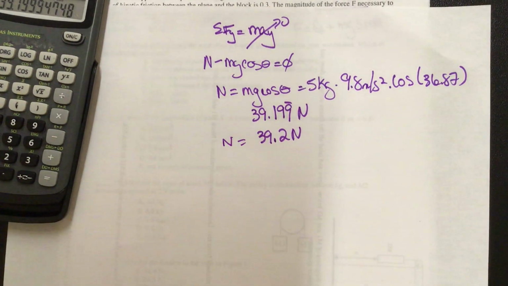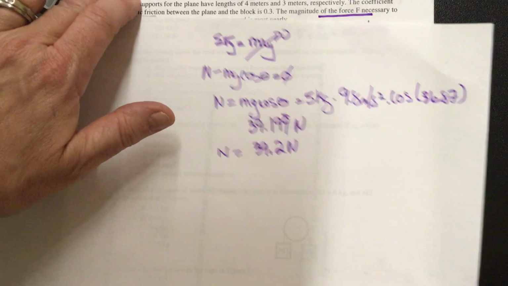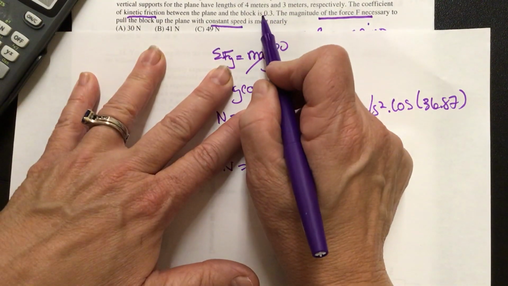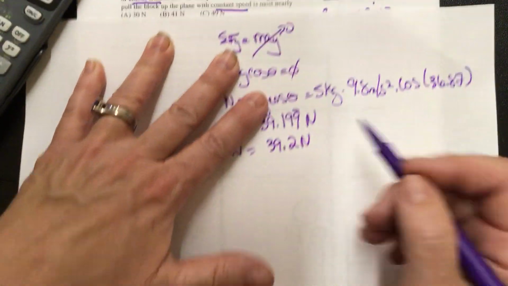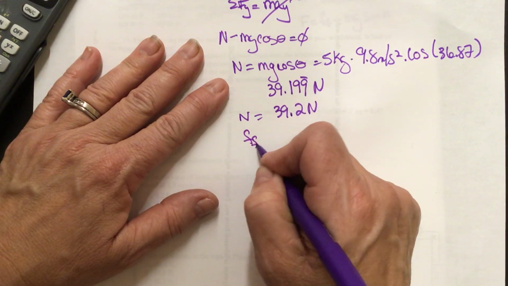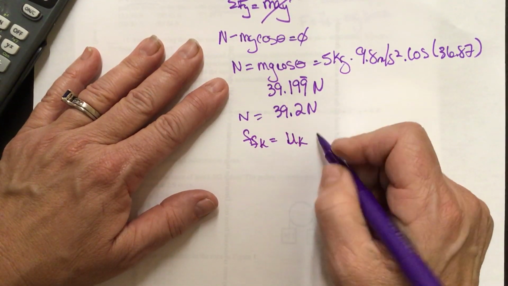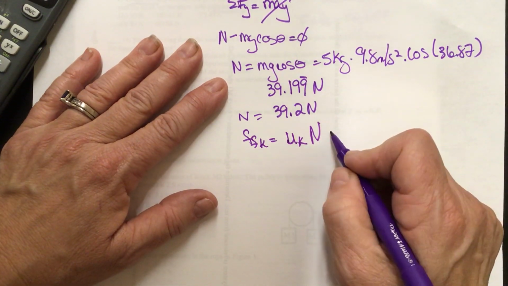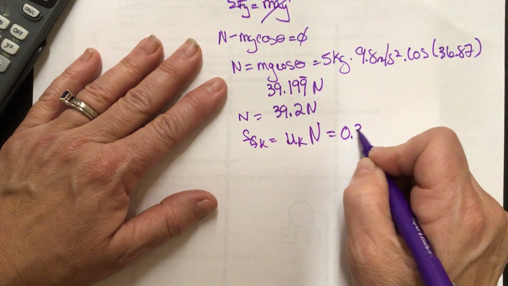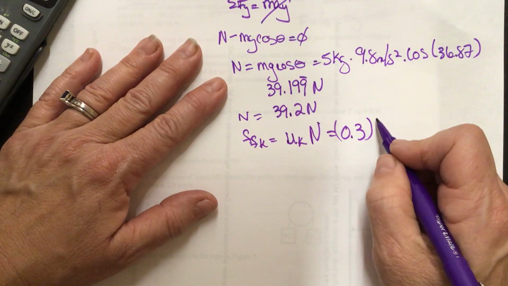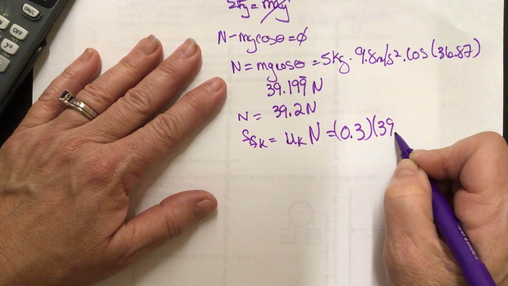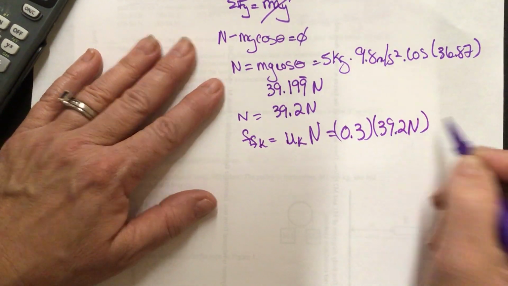How do I find friction from the normal force? It's mu times the normal force, right? So they gave us kinetic friction for a moving object of 0.3. So force of friction kinetic equals, I'll write it out, mu kinetic times the normal force, and that's equal to 0.3, which is unitless, times 39.2 newtons.